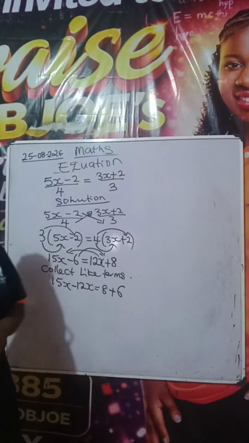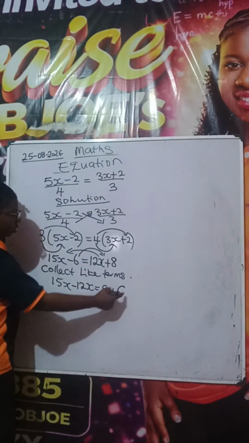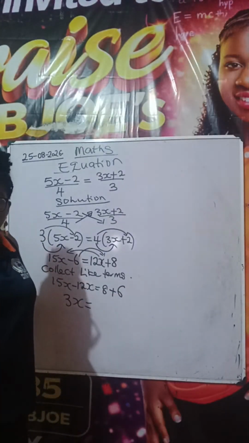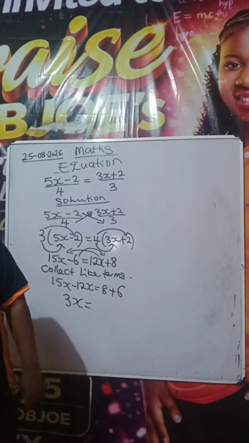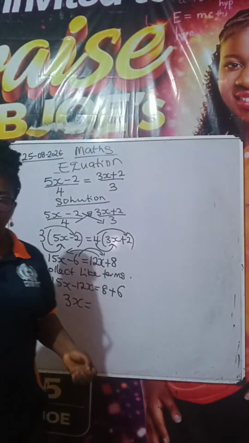So we are getting 3x, correct. So we have 3x equals to 8 plus 6. 8 plus 6, what do we have? So 8 plus 6 will give us 14.